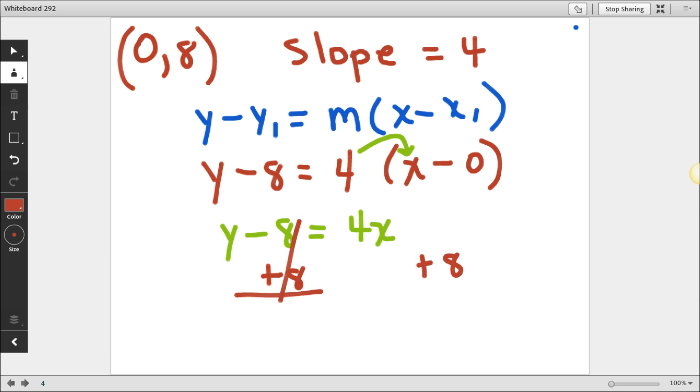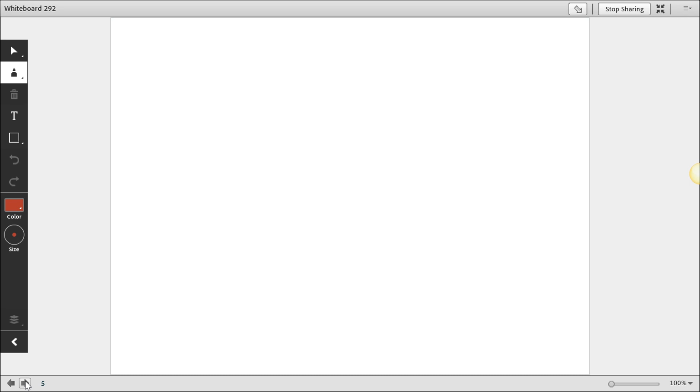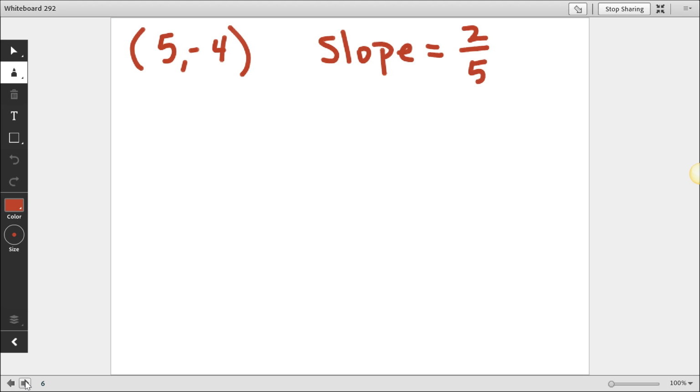And the final equation in slope-intercept form is y equals 4x plus 8. And you see my equation has the x and the y. If you don't have the x and the y, go back and re-look at this and see what you're doing wrong. Because you've got to have x and y, unless it's one of those special cases. Like I said, we're not talking about those in this lesson.